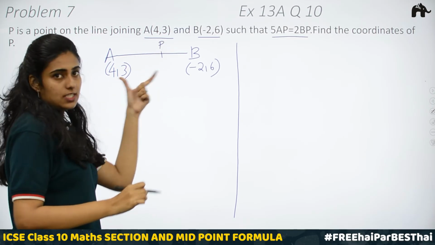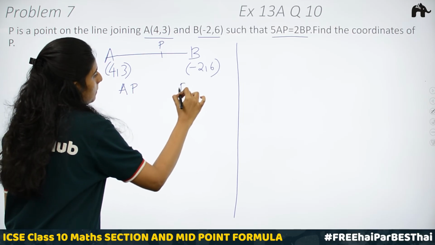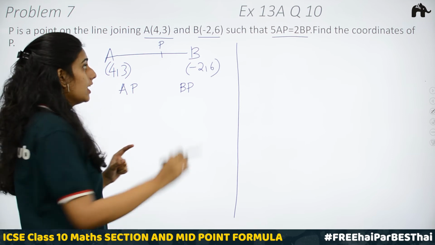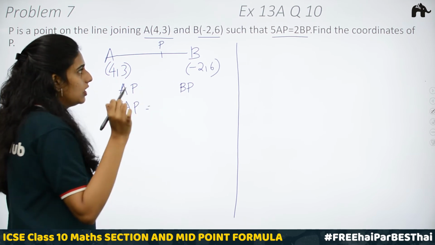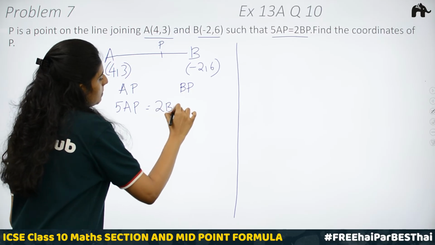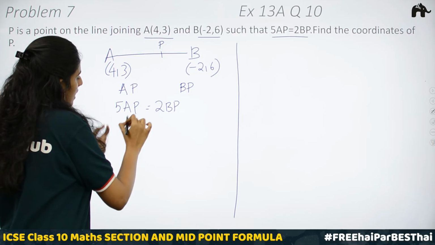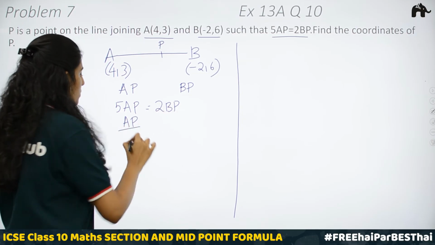When this division is done, we get 2 parts, AP and BP. This is AP and this is BP. Given that 5 times AP is equal to 2 times BP. From this we can find the ratio. That is AP divided by BP, taking this BP to the opposite side.